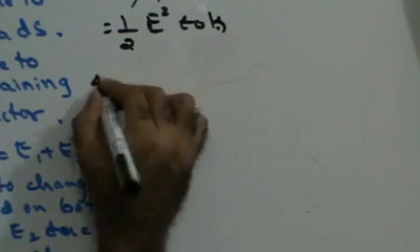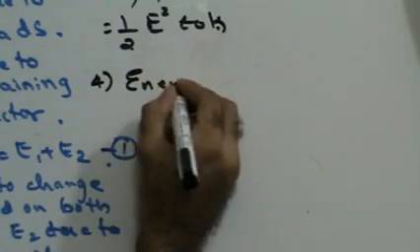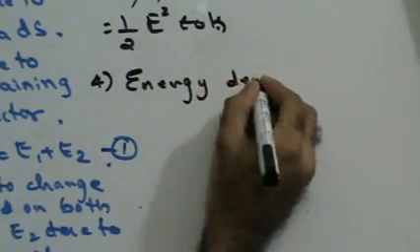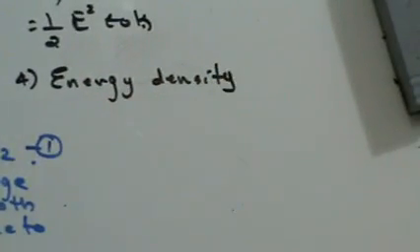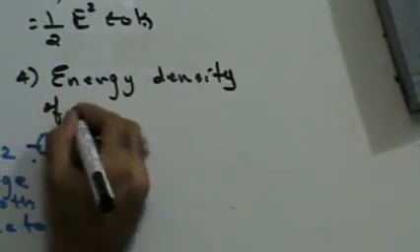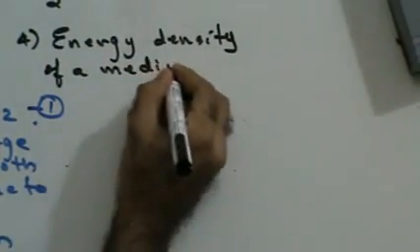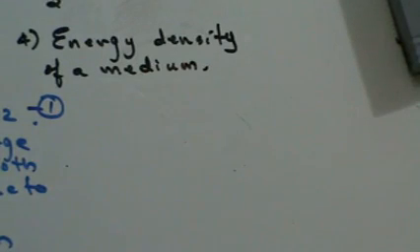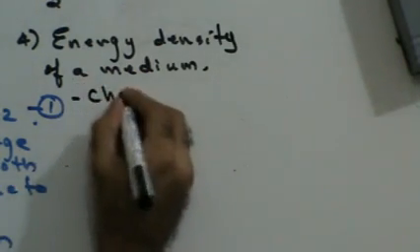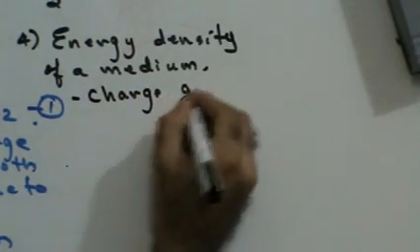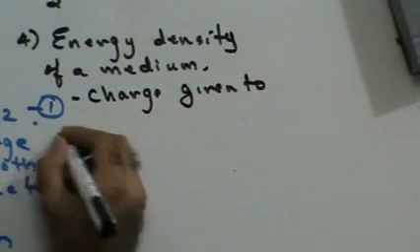Next, let's find out the energy density of a medium. Whenever a charge is given to a conductor, an electric field is produced in the medium which surrounds the conductor.